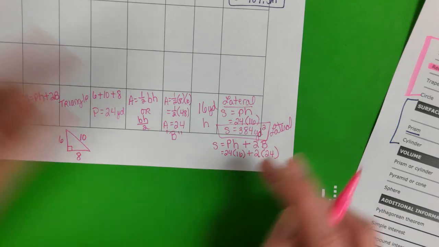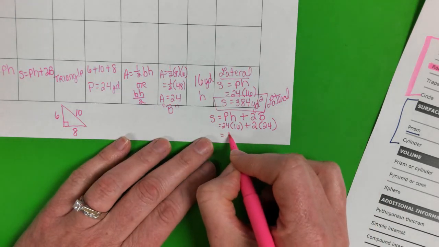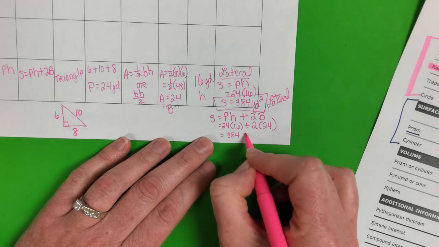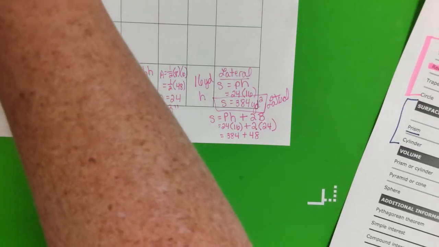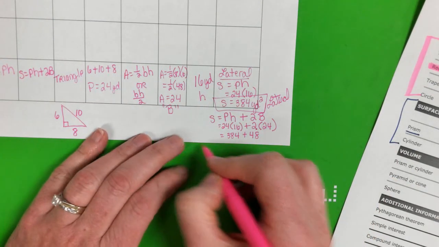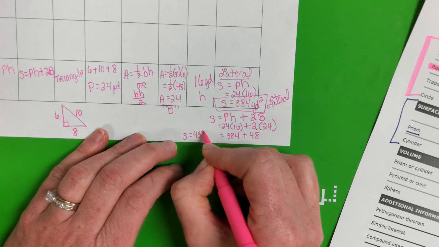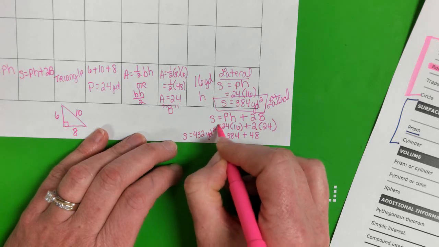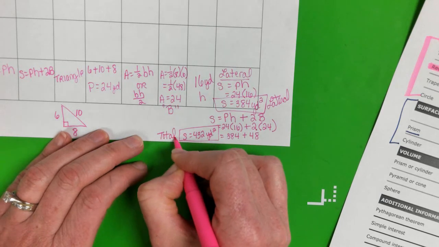So look, it happened to be the same as the perimeter. Okay, so we already know this is 384 plus 48, and I just kind of did it in pieces, but you could also plug it into your calculator all at once. It'd be 432 square yards for our total surface area.